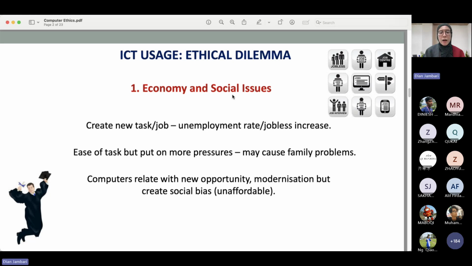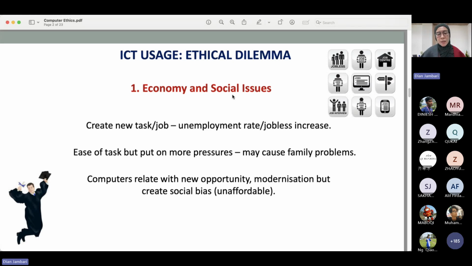And then another example of an ethical dilemma when we look at economic and social issues is that we know computers relate with new opportunity and modernization, but they can create social bias and be unaffordable. What it means is that computers can create new opportunities, can make things work better, can modernize our society or community, but they may widen the gap of social bias for those who may not have access to the computer, to ICT, to the newer technology.